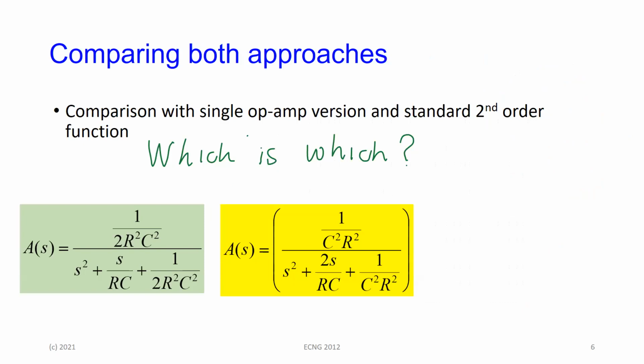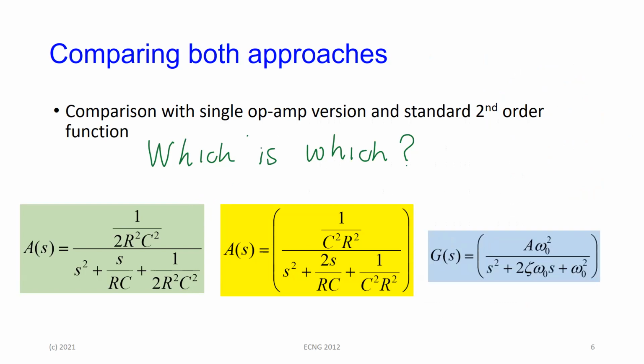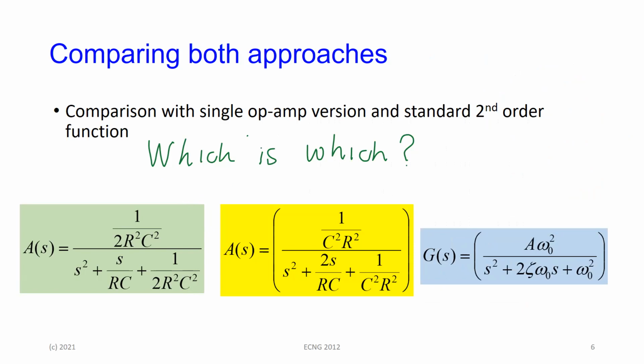So here we have the 2 of them here, the 2 types of filters. One was the one that we discussed last week. One was the one that we just derived. You notice there are some slight differences in the transfer functions, and your job will be to tell which is which. Of course, you could derive it very quickly. And this is, of course, the standard form of the second order transfer function that we did way back when.